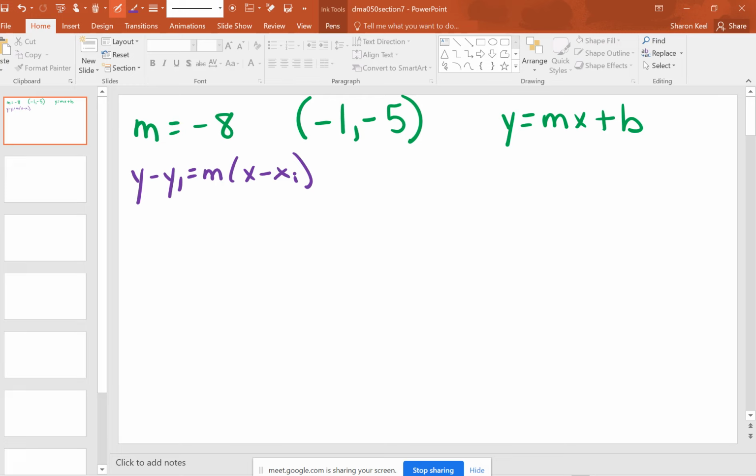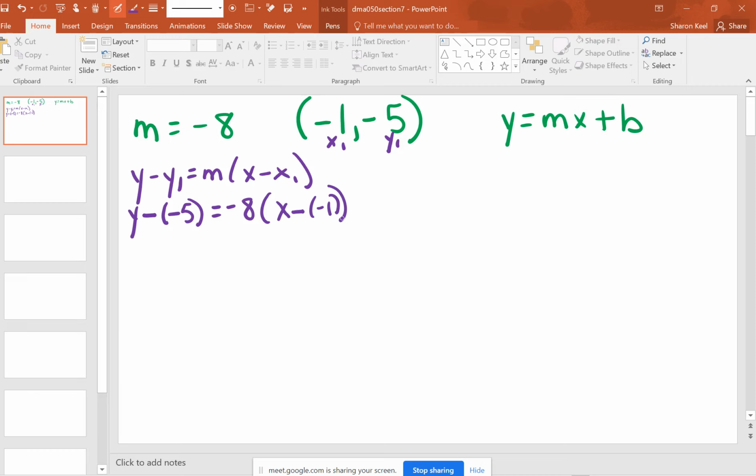Okay, so first of all, this is x1, this is y1. So what we have is y minus -5, and this is the first place right here where people mess up. A lot of people write y minus 5. They don't put minus -5. M is -8, and then we have x minus x1, which is -1.